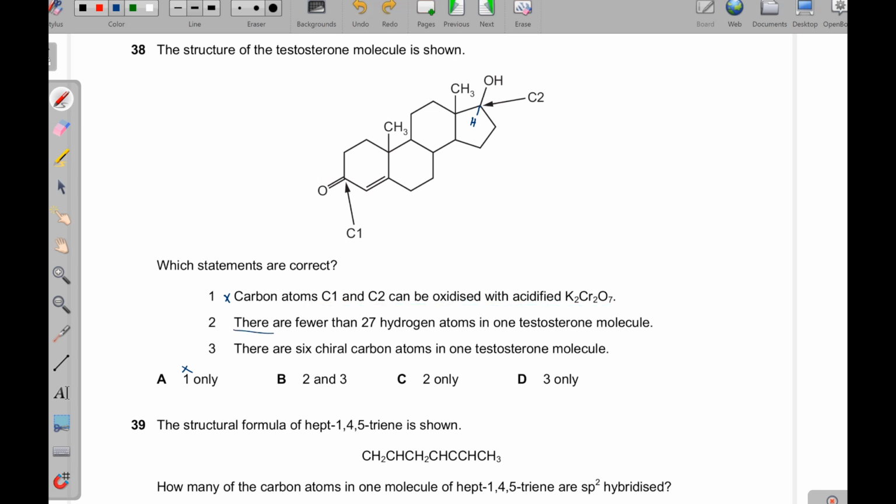Then option 2, there are fewer than 27 hydrogen atoms in one testosterone molecule. Now, when we check this molecule here, there is a carbon here, but I'm not going to write the carbons, okay? Let me just write the hydrogens. So there are 2 hydrogens here, there are 2 hydrogens here, and how about this one here?